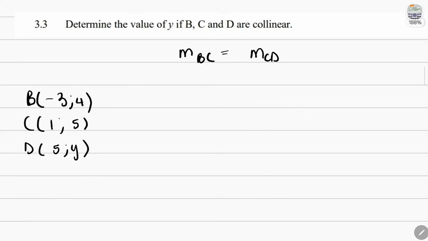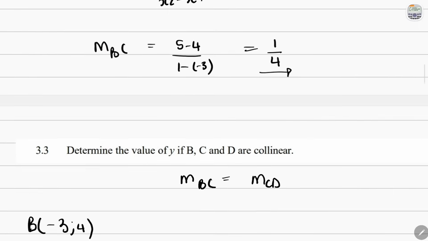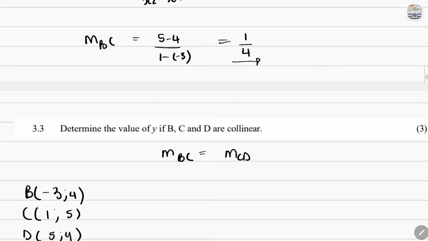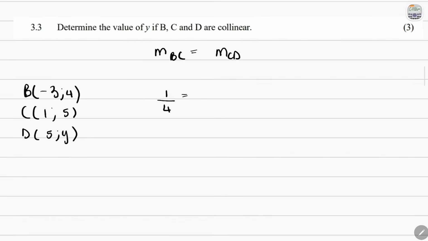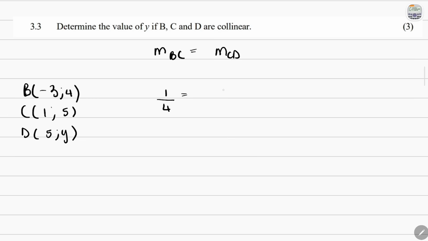The gradient of BC, we already found to be 1 over 4. This is equal to the gradient of CD, so this is C and D. I'm just going to go with this being y2. So y minus 5 over 5 minus 1. So 1 over 4 is equal to y minus 5 over 4.